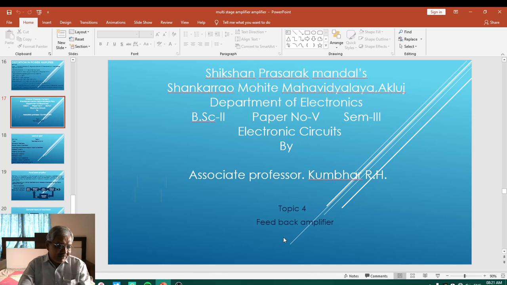Then multi-stage amplifiers. Then we have studied the different types of power amplifiers, including push-pull power amplifier, complementary symmetry power amplifier, and also the distortion which is likely to be appearing in the power amplifier circuitry. So that is the variety of amplifier circuitry we have studied in topic number 3.